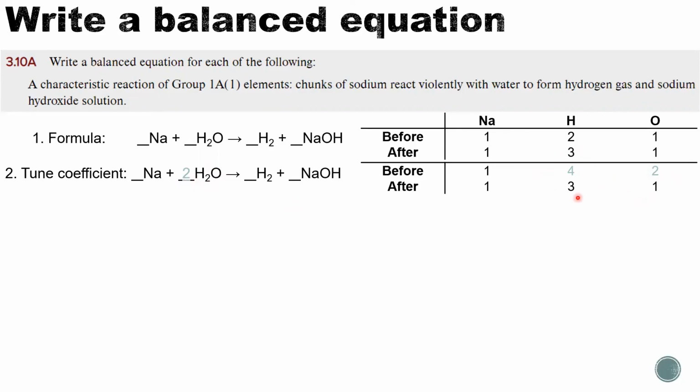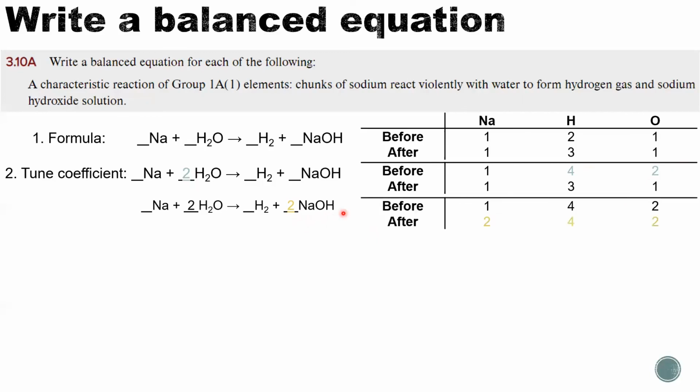We just did something for hydrogen, so we can put it aside for a moment and focus on oxygen. We need 1 more oxygen after the reaction. So we put coefficient 2 in front of sodium hydroxide and count all the atoms again. Because we put 2 in front of sodium hydroxide, we boost up sodium and we also get 1 more hydrogen. Now the hydrogen and oxygen are both balanced.